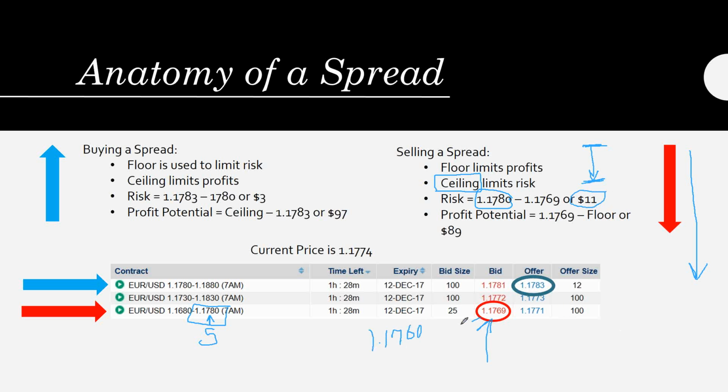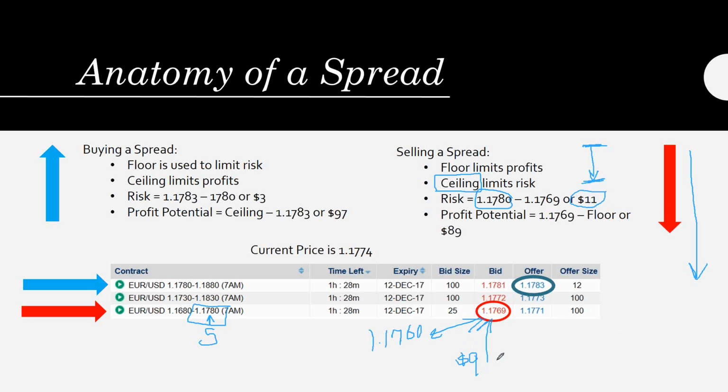It would be the difference between these two numbers, which is $9. So the spread doesn't automatically have a fixed payout like a binary option. Instead, it varies according to how big the spread is.